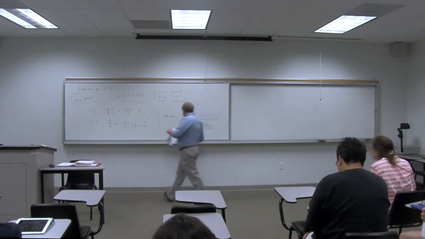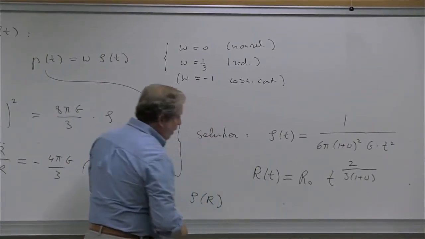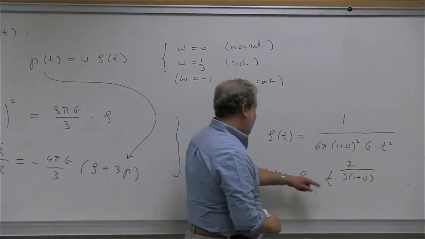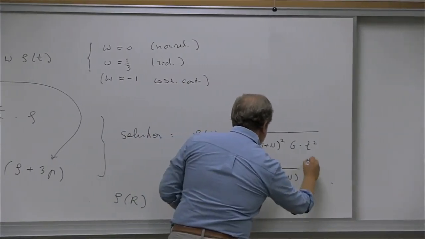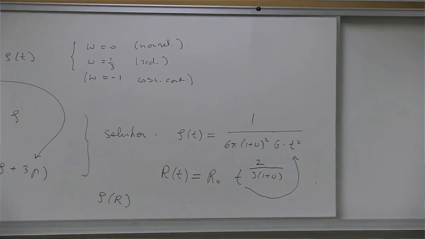And incidentally, I should add one more result, and that is that you can write rho as a function of the scale factor, because you can solve for the time and plug it into the first equation.